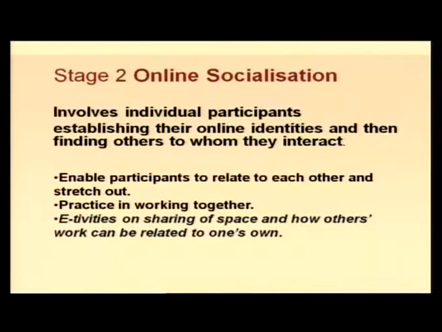Stage 2 involves individual participants establishing their online identities and then finding others with whom they interact. So, each individual has an identity. One brings one's own personality or identity, which involves cultural, social, pedagogic, cognitive and so on and so forth, into the platform, and each one has already now been introduced to each other, and now they are establishing their own identities.